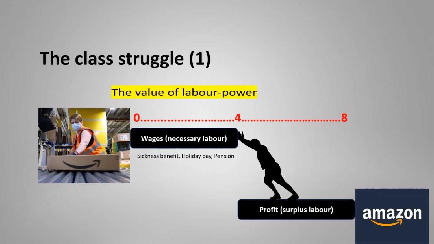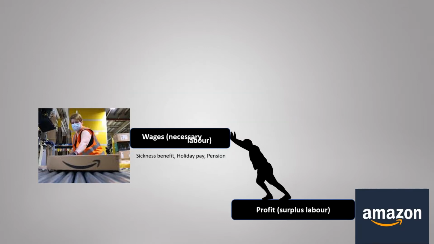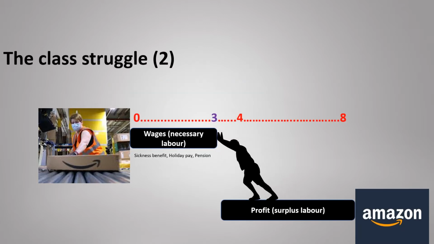And then there are pressures on the employer, who is obliged to maximise profits. That can be done, for example, by reducing the amount paid in wages, or by increasing the proportion of the working day that is unpaid labour, which gives the employer his profit or surplus value, which makes the employer very happy.